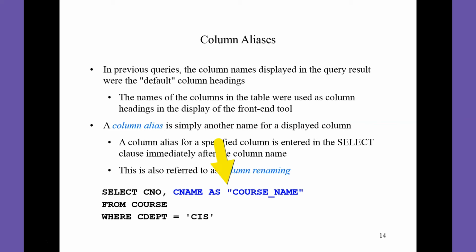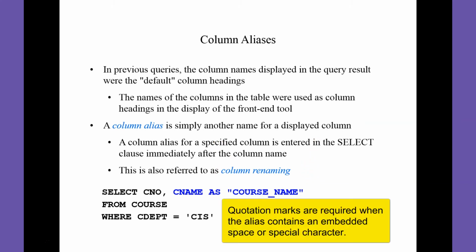The second part of the syntax is the new name is enclosed within quotation marks, or what a programmer sometimes calls double quotes, in contrast to the single quote or apostrophe. The quotation marks are not required unless there are embedded spaces or special characters other than an underscore.